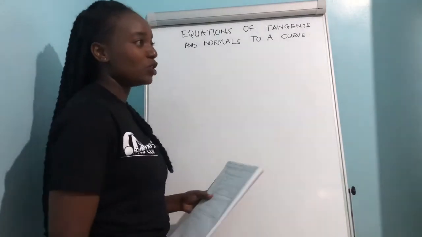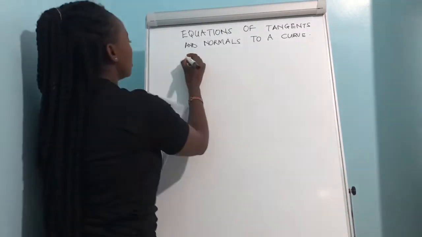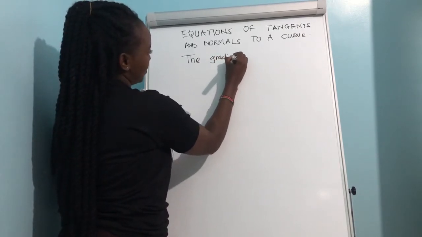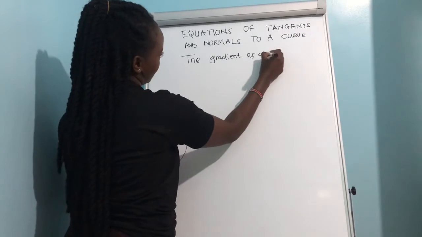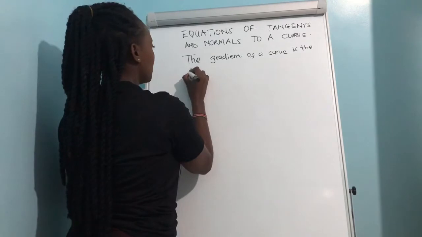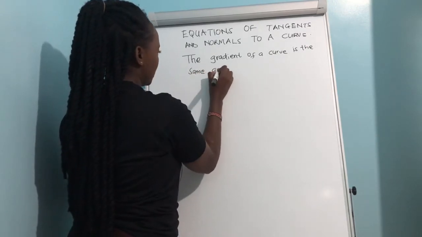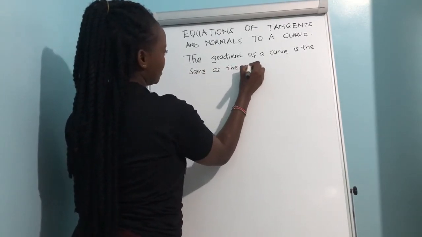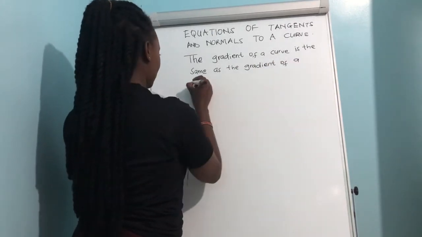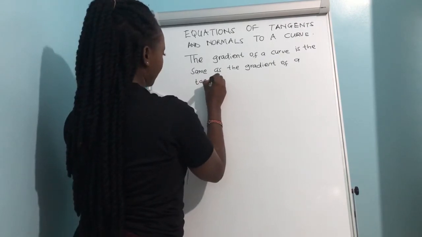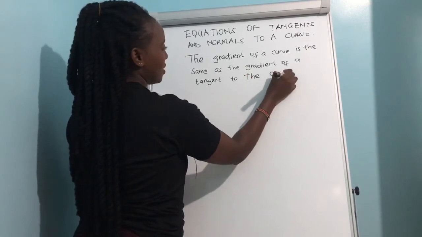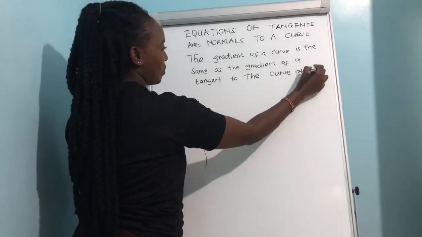So the first thing that we need to know is that the gradient of a curve is the same as the gradient of a tangent to the curve at that point.